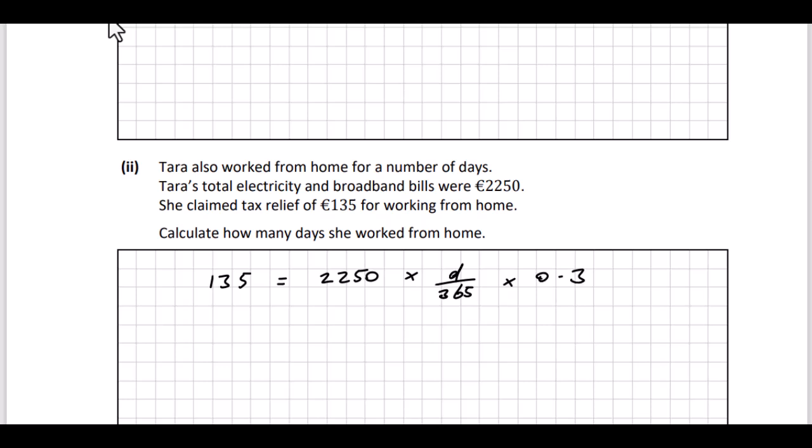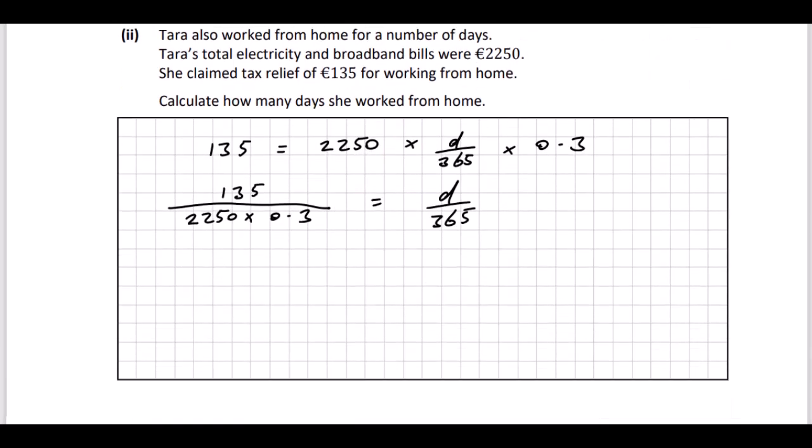So let's just divide across by 2,250 and divide across by 0.3. So I'm going to take 135. Because the 2,250 is multiplied, because the 0.3 is multiplied, I'm going to divide. So it's 135 divided by 2250 multiplied by 0.3. That's equal to D over 365. Okay, so what we've got to do next then is multiply across by 365.